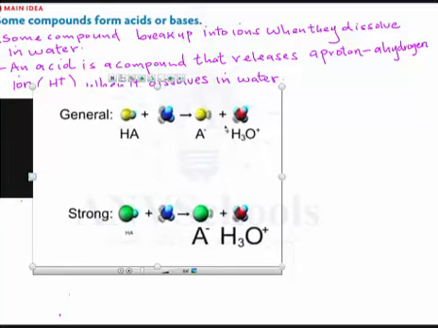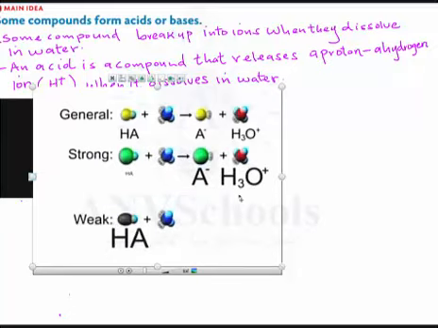So what determines if an acid is strong or weak is basically the amount of these ions that will join the H2O to form these hydronium ions.